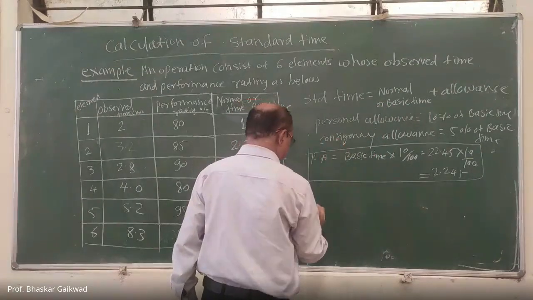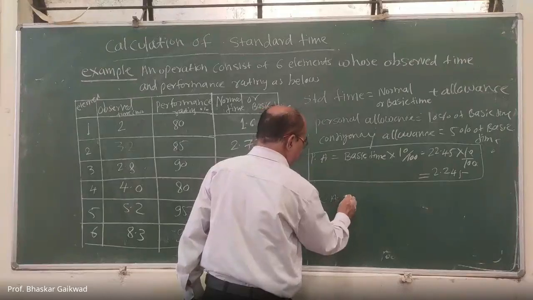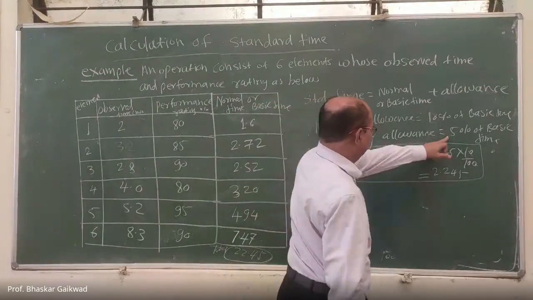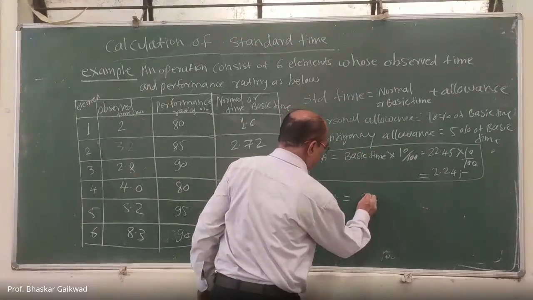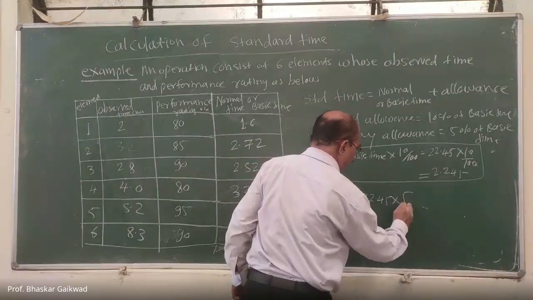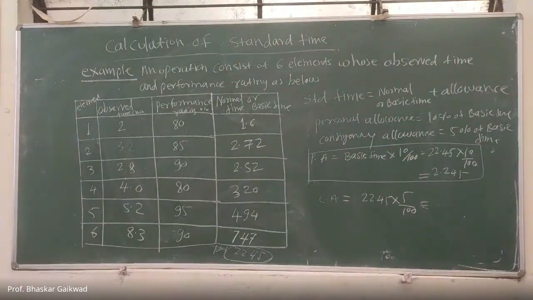Second, contingency allowance C. This is equal to basic time into 5%. Basic time 22.45 into 5 divided by 100. So we calculate this contingency allowance.